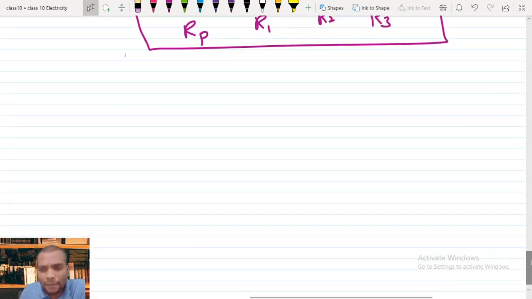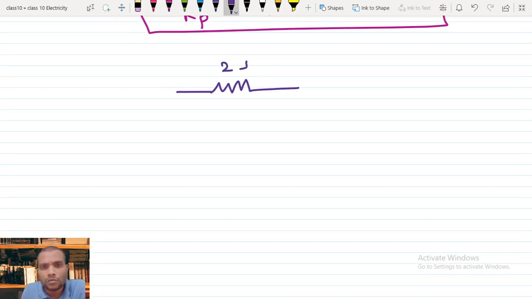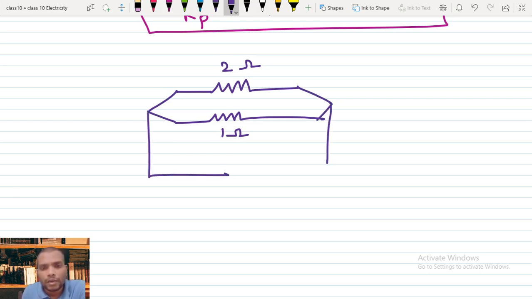So how can we apply this to the given circuit? Suppose we have a resistance of 2 ohm, which is connected to a resistance of 1 ohm. They are both connected in parallel to a cell.